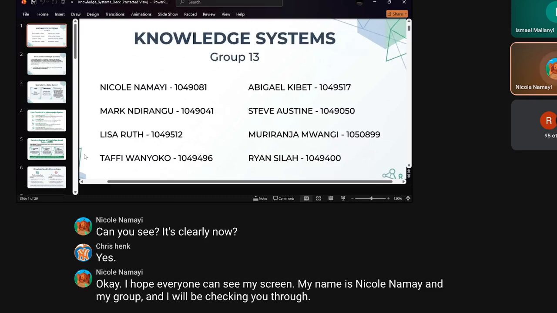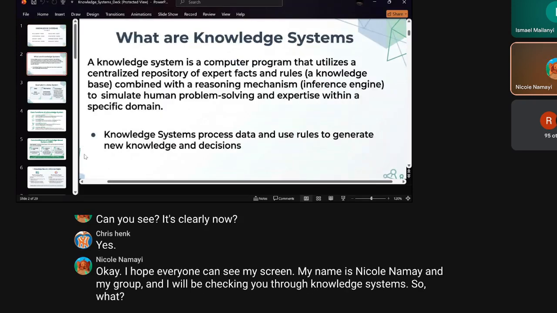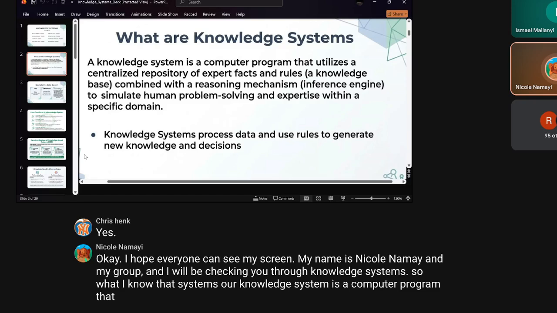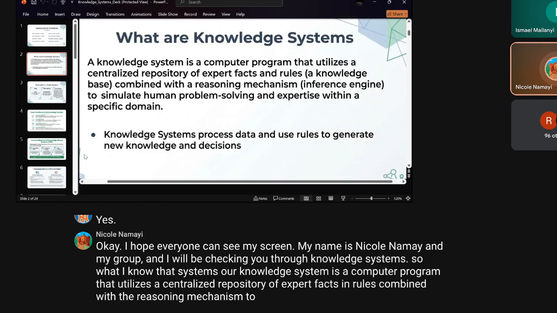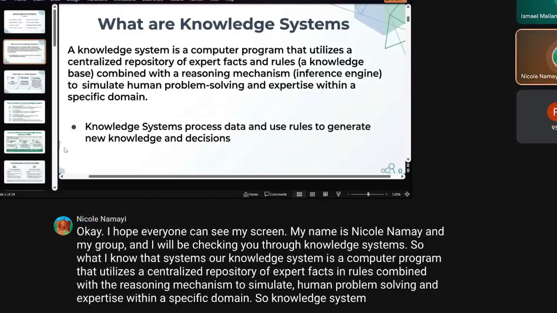So, what are knowledge systems? A knowledge system is a computer program that utilizes a centralized repository of expert facts and rules combined with a reasoning mechanism to simulate human problem solving and expertise within a specific domain. So, knowledge systems process data and use rules to generate new knowledge and decisions.